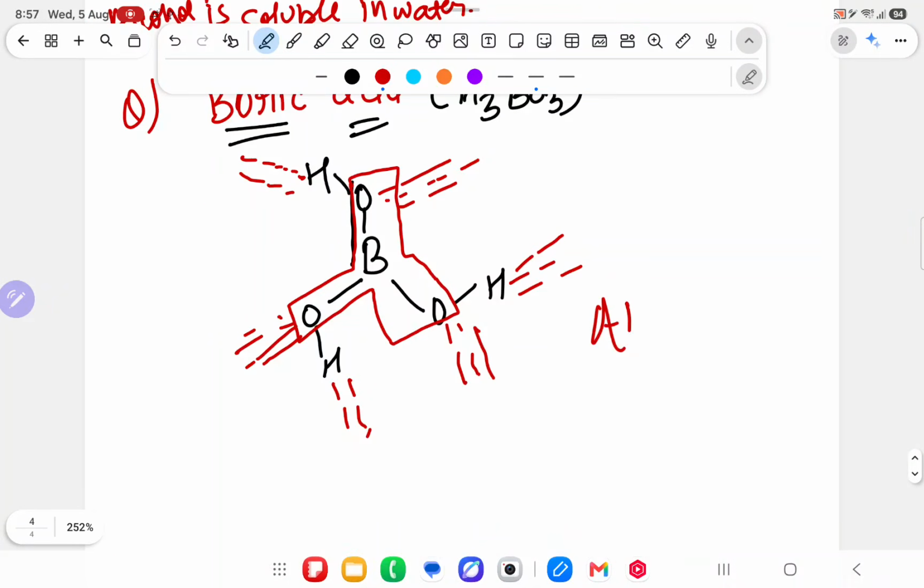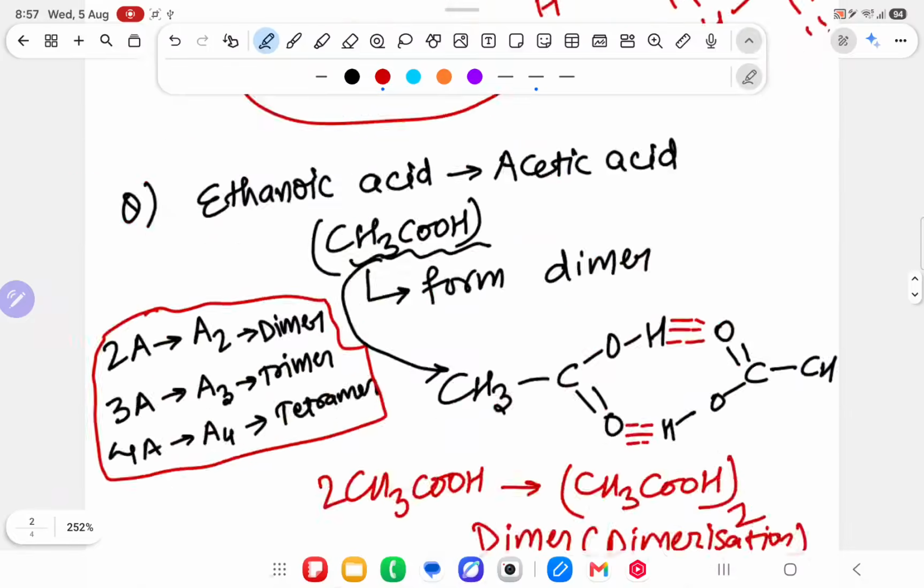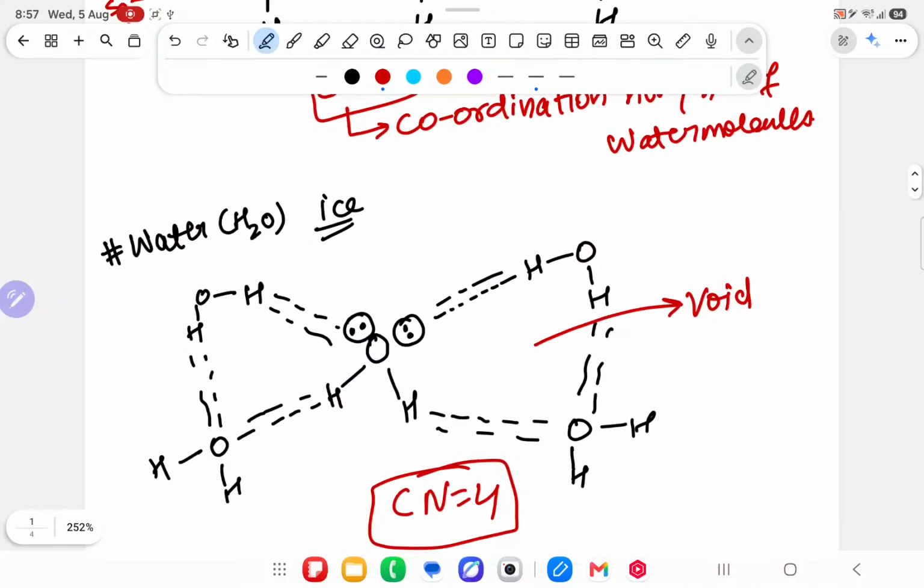All the above examples are examples of intermolecular hydrogen bond. Intermolecular means two different molecules. See, whenever I am taking water, only one molecule of water is not there.